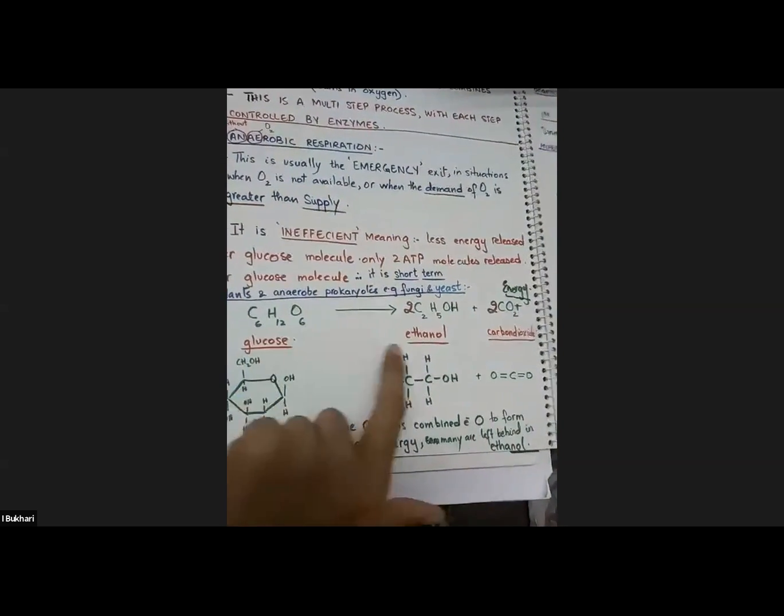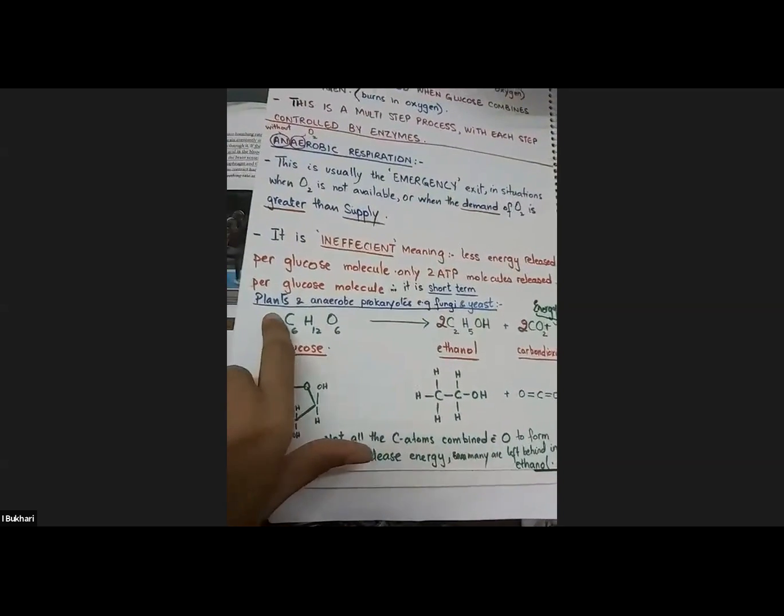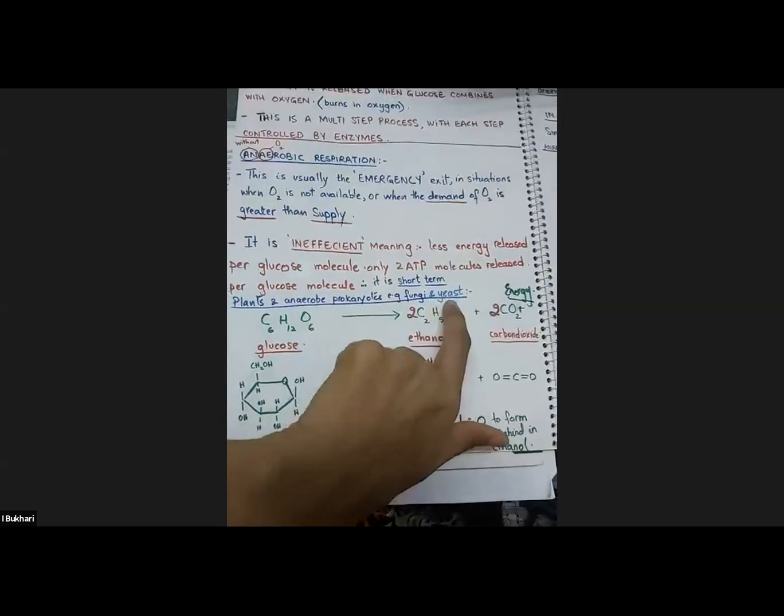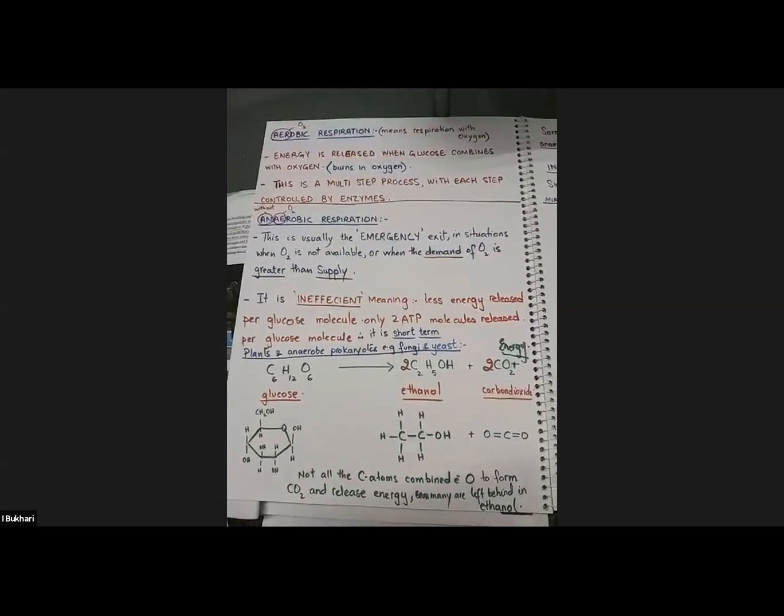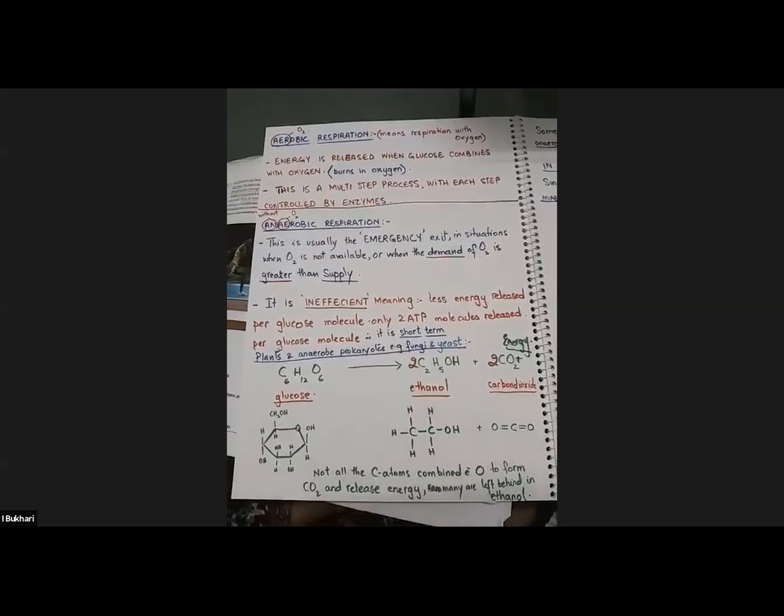Right. Okay, I will add this. Remember this, we all discussed this. This is the equation for the anaerobic respiration in plants as well as fungi and yeast. And Momina, because of your question that you asked yesterday, I was thinking that we should do differences between eukaryotes and prokaryotes. That would be a good idea, because many students are confused. You come across these terms and you don't know exactly what they mean.